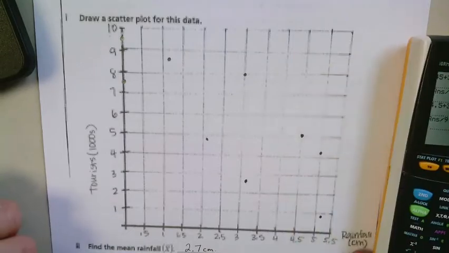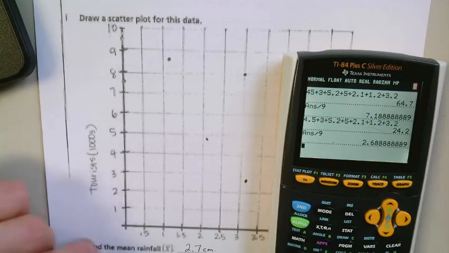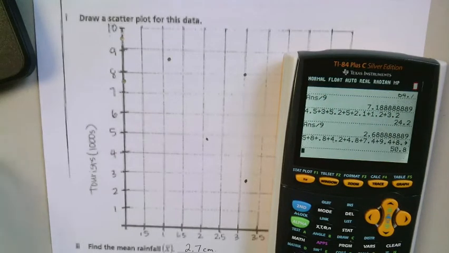Okay? Now the mean tourists, right? The average number of tourists that came in, if I add those up: 5,000, 8,000, 0.8, so 800, 4,200, 4,800, 7.4, so 7,400, 9,400, 8,600, and 2,600, okay?